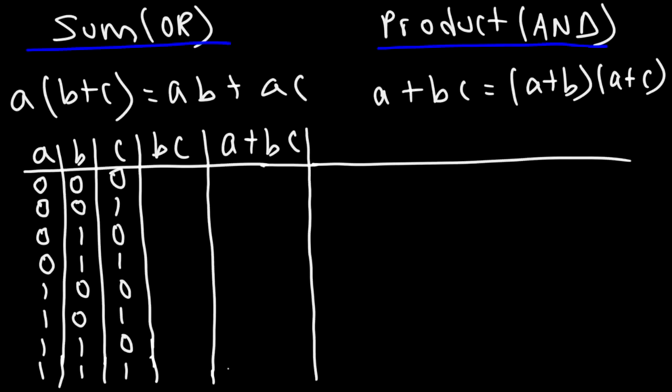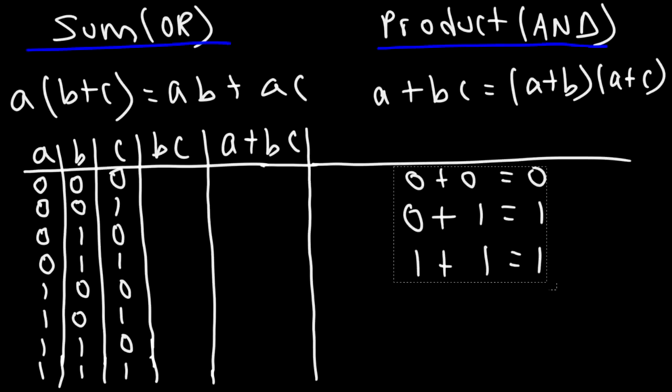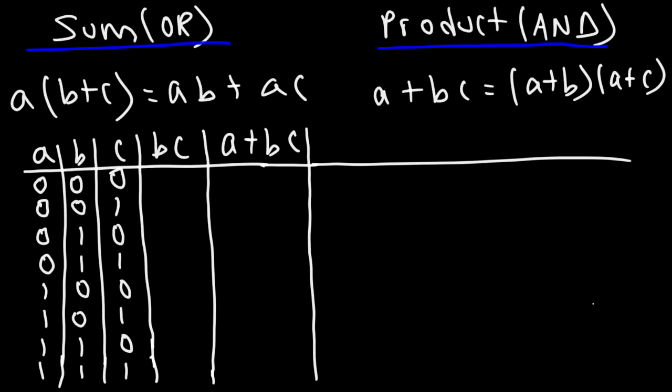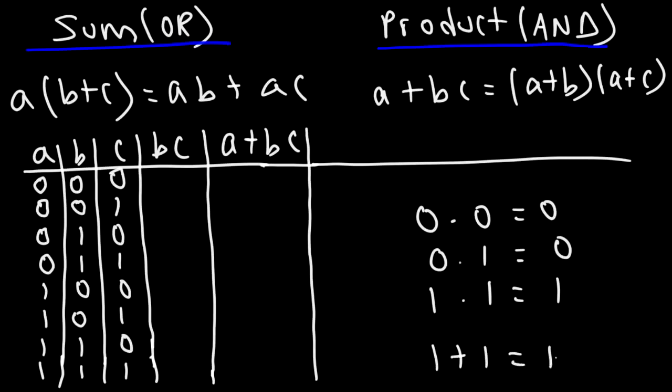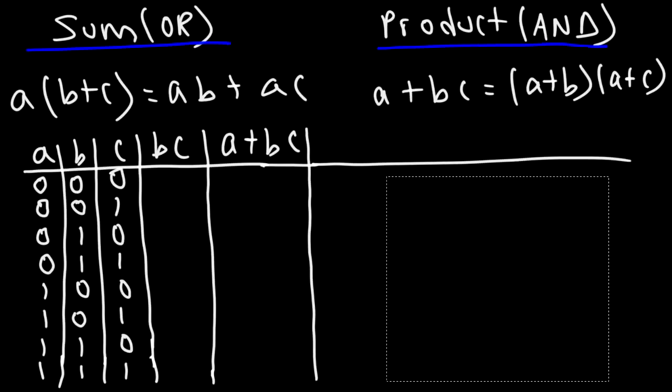When dealing with operations, particularly the OR operation, know that 0 plus 1 is 1, and 1 plus 1 is 1, but 0 plus 0 is 0. And you could prove that using the OR logic gate. Now for the AND logic gate, 0 times 0 is 0, 0 times 1 is 0, and 1 times 1 is 1. So that makes sense. The only one that you may have to keep in mind is that 1 plus 1 is 1 in Boolean algebra. So knowing that will help us to complete this table.